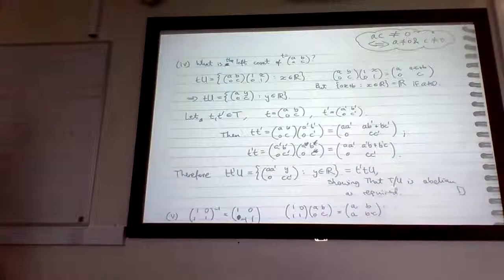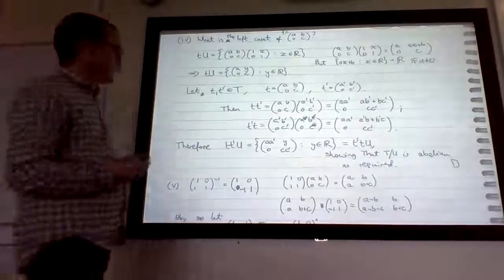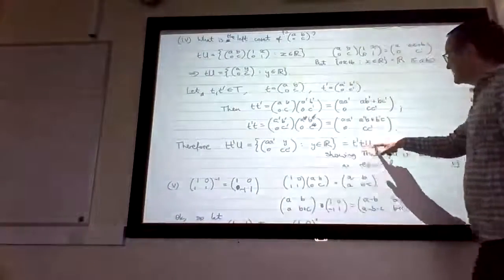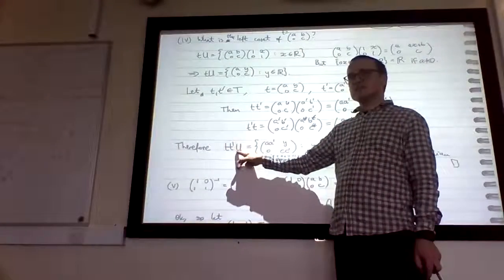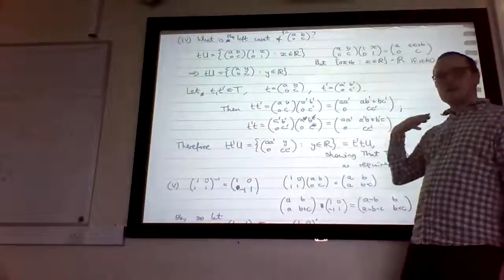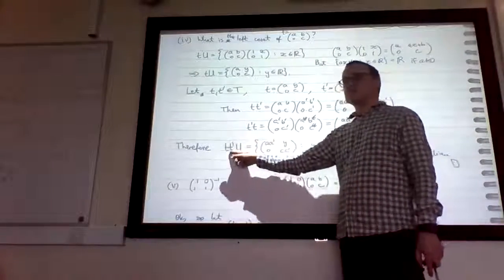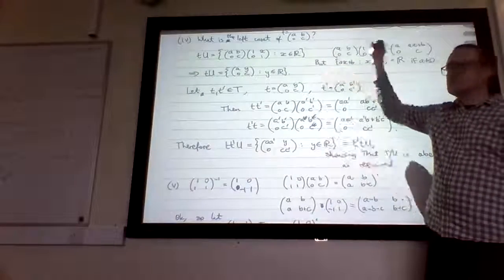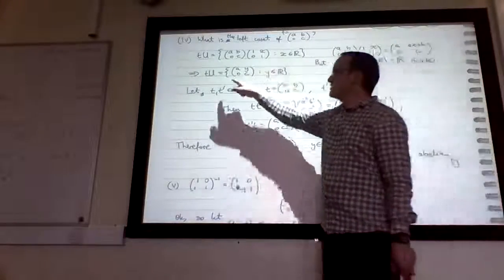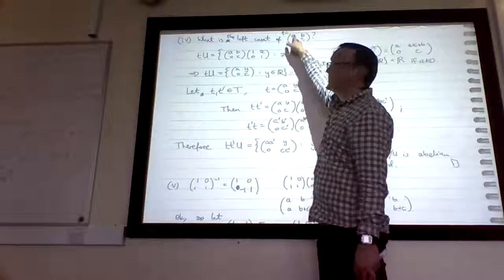So his observation here is that this left coset is equal to this left coset. If you just walked in the door, you might think they might be different because they've got different representatives. But because of this work, we've already identified that really the crucial thing about the left coset is just what these three entries are in the matrix.